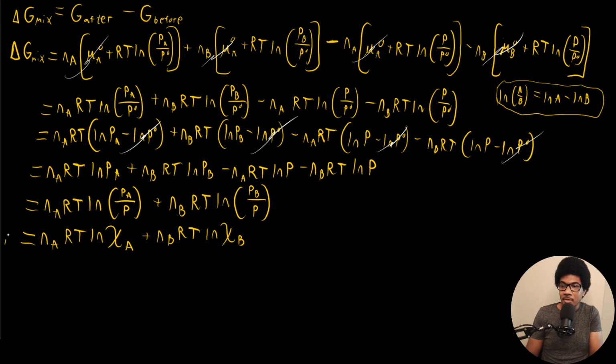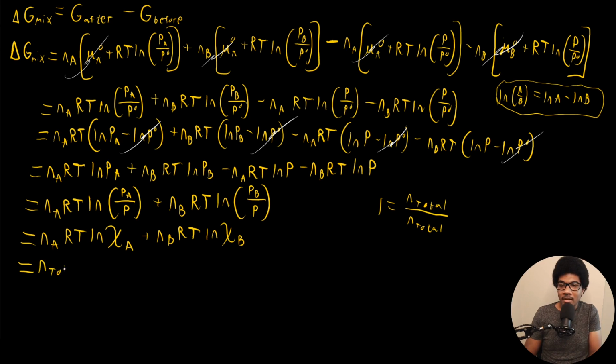Now, to get everything in terms of the mole fraction, we can multiply everything by 1, and in this case the 1 that I'm going to multiply by is n total over n total. If we do that, then we get everything in terms of the mole fraction.